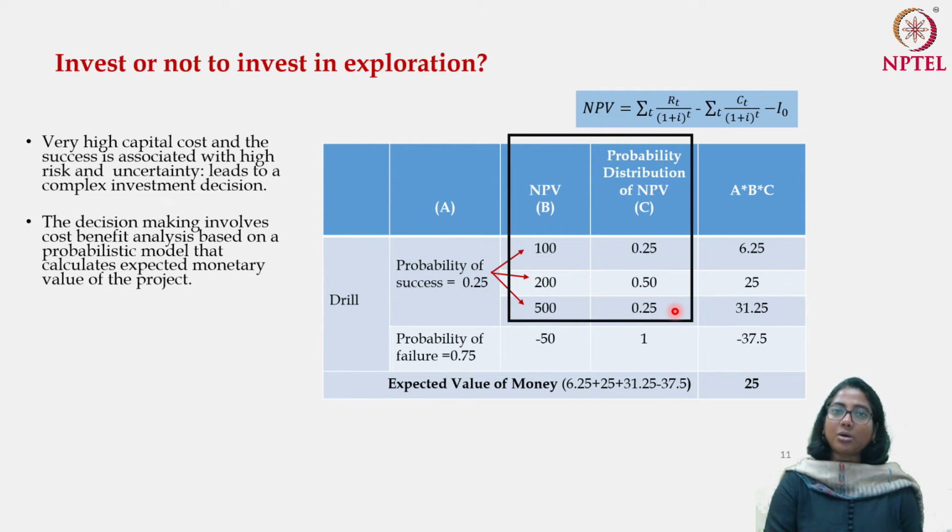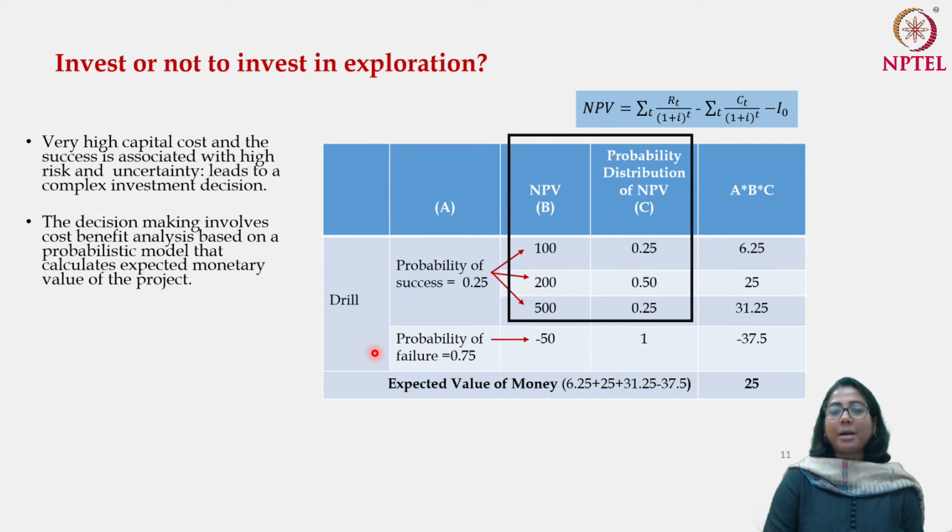So if I take that conditional probability into my calculation, the expected net value that I am going to get is actually 100 multiplied by 0.25 multiplied by 0.25, which is 6.25, plus 200 multiplied by 0.5 multiplied by 0.25, which is 25, and 500 multiplied by 0.25 multiplied by 0.25, which is 31.25. So the expected net present value, arising out of a conditional probability, is 6.25 plus 25 plus 31.25.